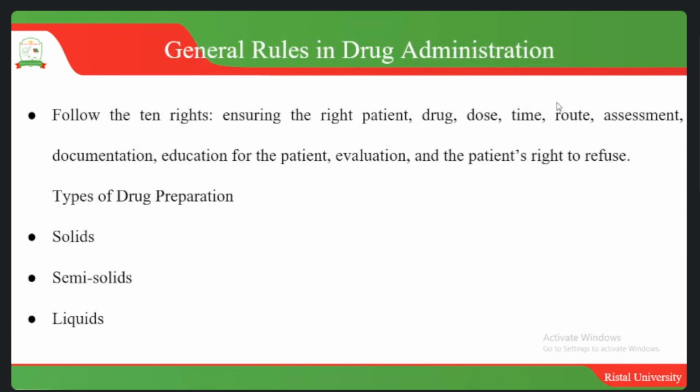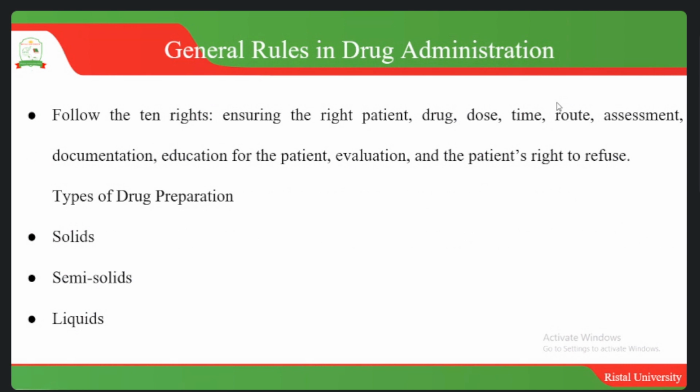Then the general rules in drug administration: follow the 10 rights, ensuring the right patient, the right drug, the right dose, the right time, route, assessment, documentation, education for the patient, evaluation of everything that you have done, and the patient's right to refuse. So you need to know the right patient, the right medication.